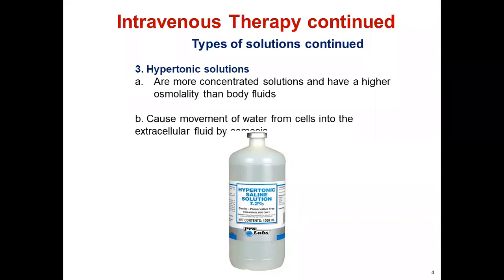The common hypertonic solutions we use are 5% normal saline, or dextrose 5% in normal saline, or dextrose 5% in lactated Ringer's solution. So why should you give hypertonic solution? We give it if the patient has hyponatremia or if the patient needs nutrition. We choose the hypertonic solution.